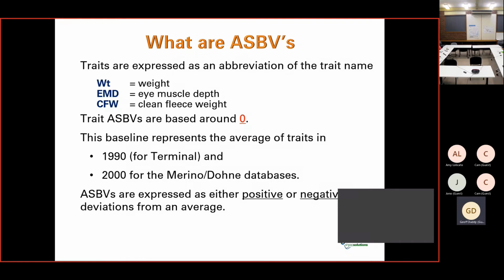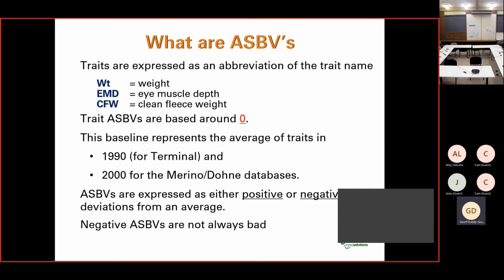Your sheep breeding values are expressed as either positive or negative deviations from an average. Negative ASBVs are not always bad. For example, the more negative a WEC or worm egg count, the greater the resistance the progeny of that sire have to a worm burden.